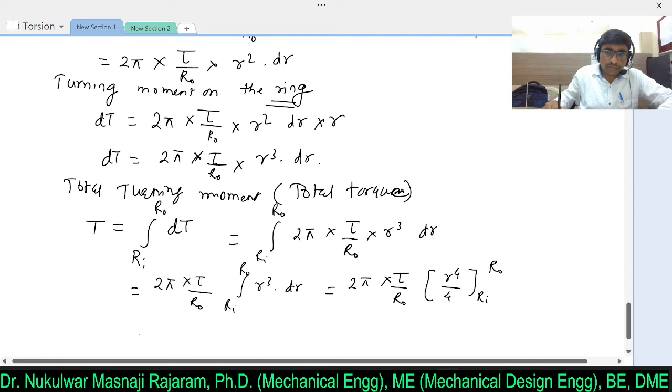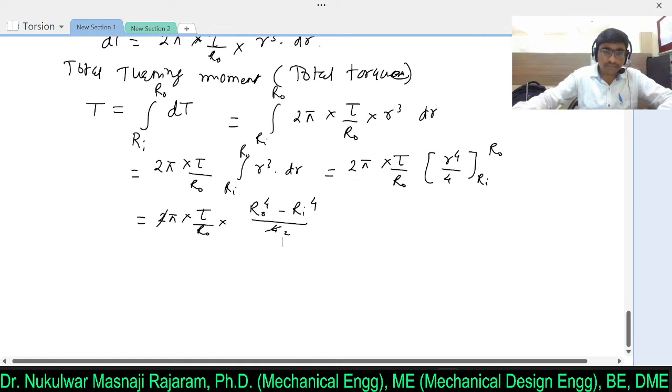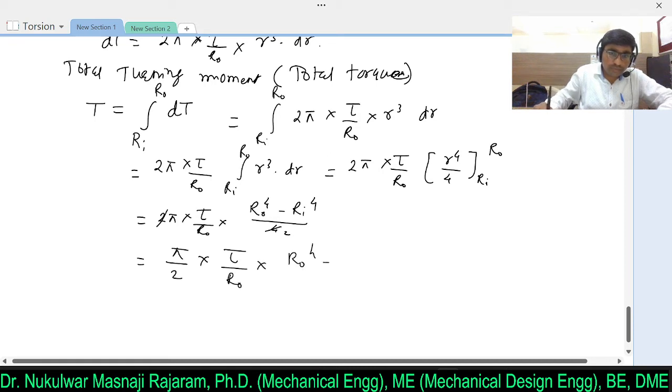Clear? So here I will get the simplified form tau by Ro into, so I will put the limit, Ro raised to 4 minus Ri raised to 4, divided by 4. So 2 will get cancelled over here. So I can rewrite pi by 2 into tau divided by Ro into Ro raised to 4 minus Ri raised to 4.